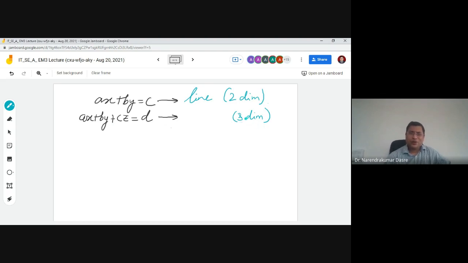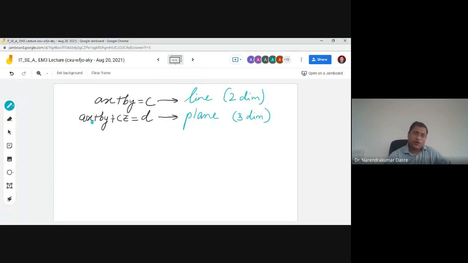You have gone through the course Applied Mathematics 2, and you have gone through multiple integrals. So what does this equation represent? It represents a plane in three dimensions.